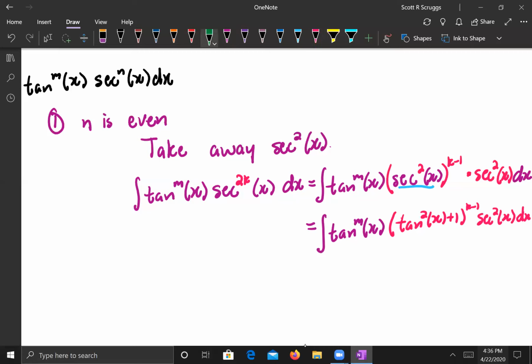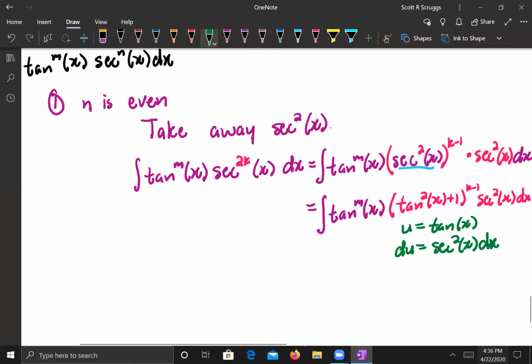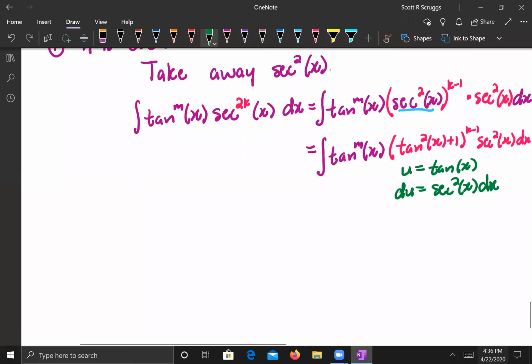And as Unique mentioned, is another u sub, where in this scenario, my u will be tangent, and I have my du for free right off the bat. So unlike before, if the power with secant is even, I want to take secant squared away from it and do the trick that we've done before.